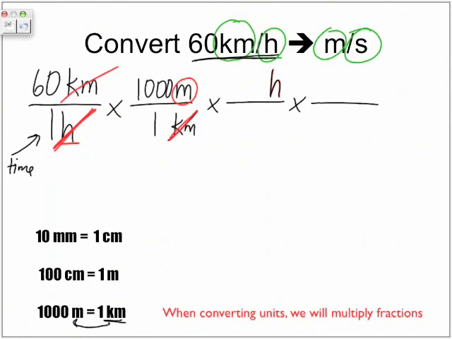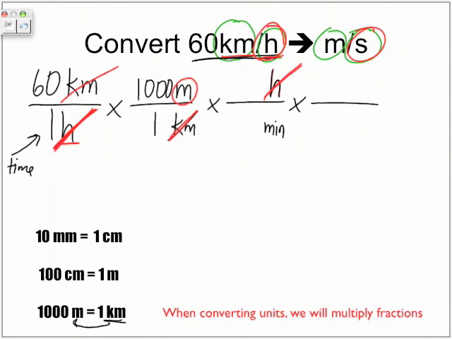Kilometers per hour, seconds, these are in the denominator right now for this particular question when we're dealing with speed. If we're converting hours, what are the next units getting closer to seconds? Well, we're not going to jump from hours to seconds. We're going to jump from hours to minutes.